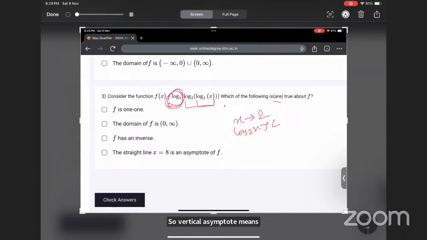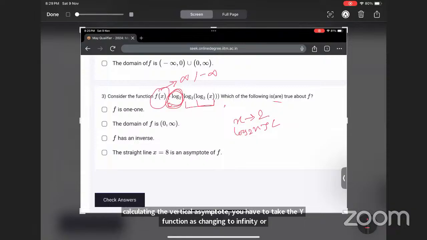How can you calculate it? We just have to take x tending to infinity or minus infinity, then you will find some finite value for y. For a logarithmic function, there is always a vertical asymptote. For calculating it, you have to take the y function as tending to infinity or minus infinity.